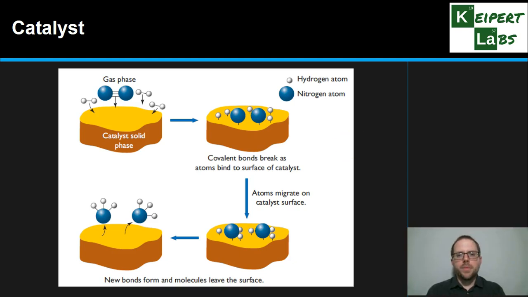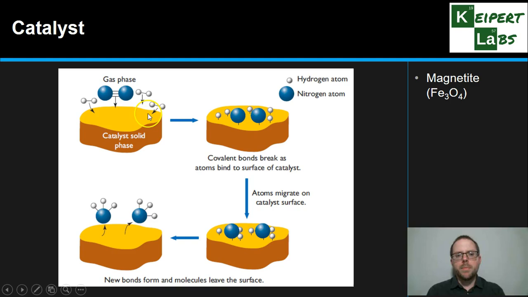Another thing that's going to influence how this process happens is the role of a catalyst. So we've got a diagram here to show how the catalyst, in this case magnetite, which has the formula Fe3O4, facilitates this reaction when the particles of reactants are in the gas phase. So we've got the gas phase reactants floating around out here, and they interact with the solid catalyst.